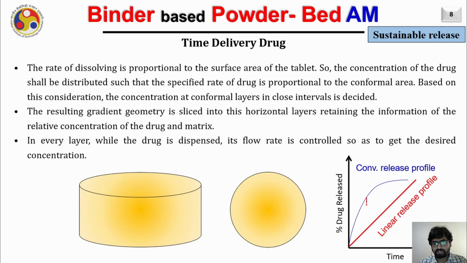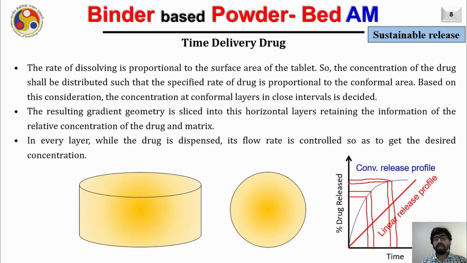If I consider, for example, this amount of delta t at this location, then this is the percentage of drug release at this time period. Let me take another time period when a lot of drug has been dissolved and the surface area of the drug has been reduced a lot. Now in that case, you will find that the amount of the drug released is very less.